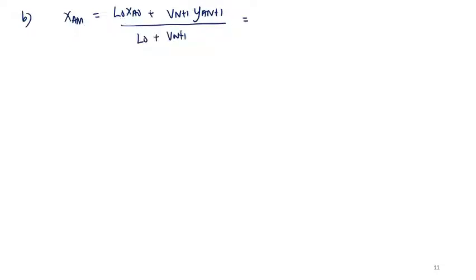Alright, now for question B, you can straight away try to calculate the X_AM and X_CM. So X_AM equals L0 X_A0 plus V_{N+1} Y_A,N+1 over L0 plus V_{N+1}. So here, 1000 times 0.235 plus 510 times 0 over 1000 plus 510.